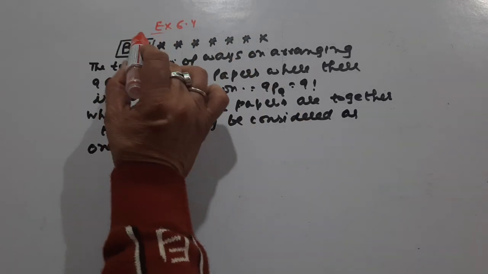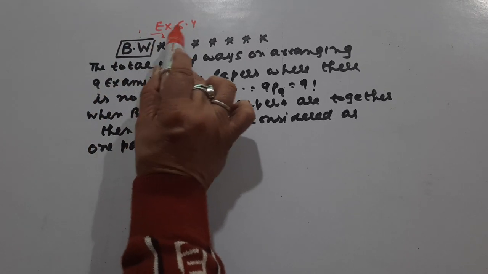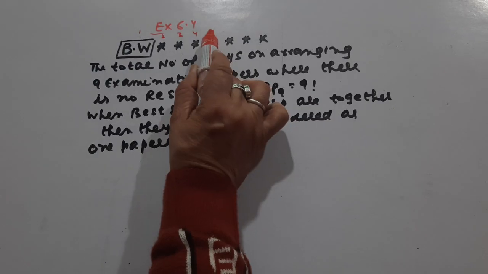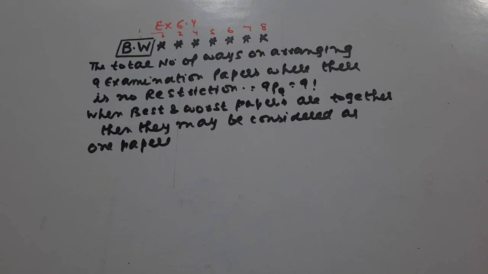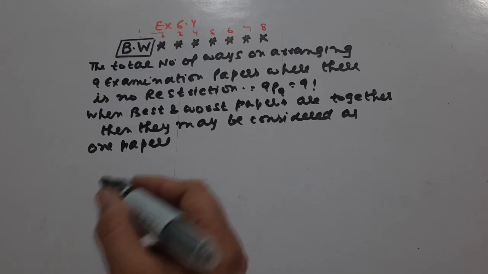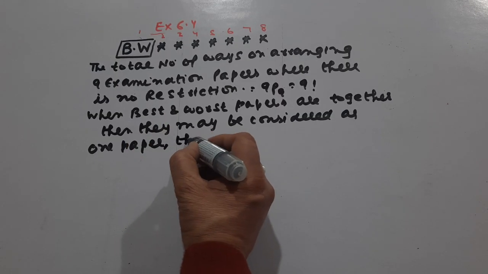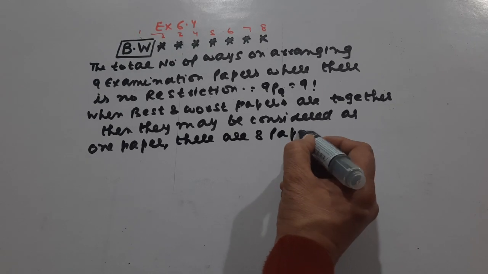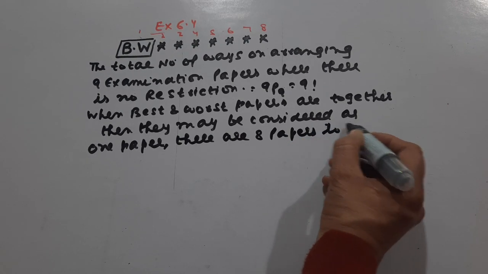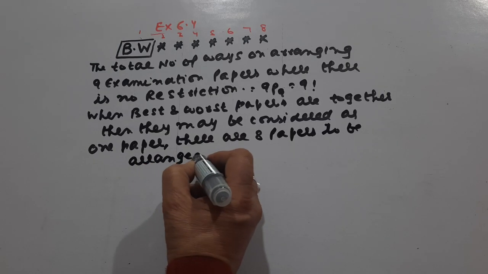So it means this is 1. We take best and worst as one paper 1. Then this is 2, 3, 4, 5, 6, 7, and 8. So when we take best and worst as one paper, there are 8 papers to be arranged.